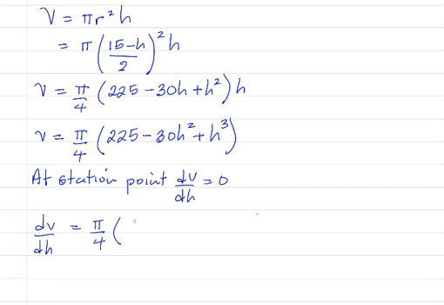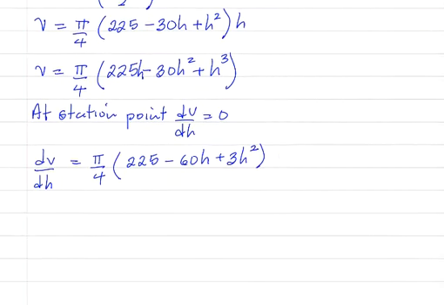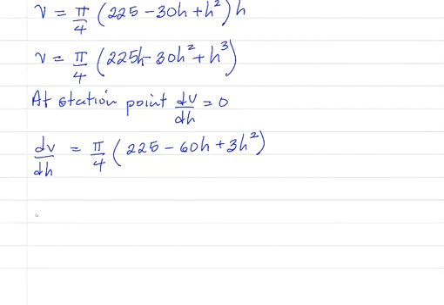We have 225 minus 60h plus 3h squared. This is equal to 0 at the stationary point where you have a maximum or minimum. Therefore, pi by 4 into 225 minus 60h plus 3h squared is equal to 0.